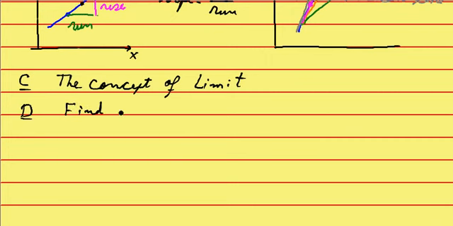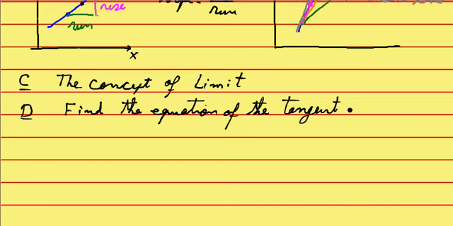Find the equation of the tangent line to the graph of, say, y is equal to x squared plus x at, say, x equals 1.